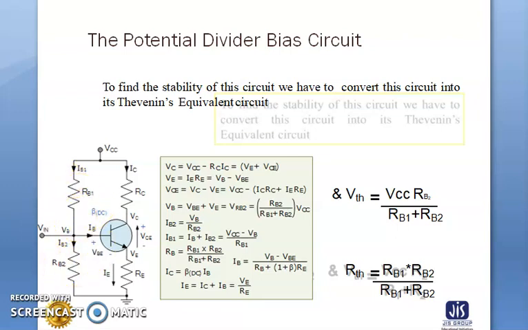The name of this biasing configuration comes from the fact that two resistors, that is RB1 and RB2, form a voltage or potential divider network across the supply, with their center point junction connected to the transistor base terminal. This voltage divider biasing configuration is the most widely used transistor biasing method.